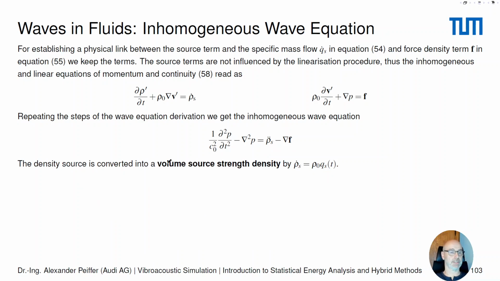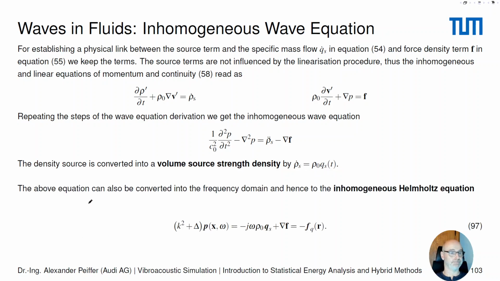We modify things a little bit, so we replace the density source by our already well-known volume source strength density. That means now we have a volume source, and to make a mass source out of it, we just need the density of the fluid, which could be the density of air. Again, we are usually not solving this in time domain, so we convert all this into the frequency domain, and then we end up with the so-called inhomogeneous Helmholtz equation.